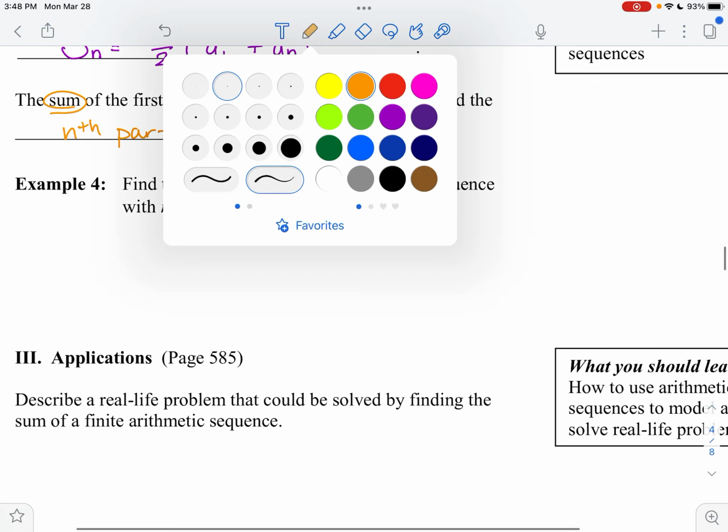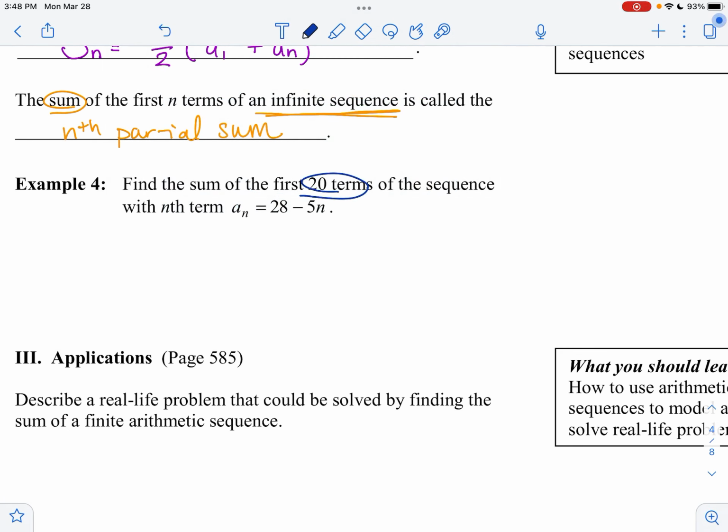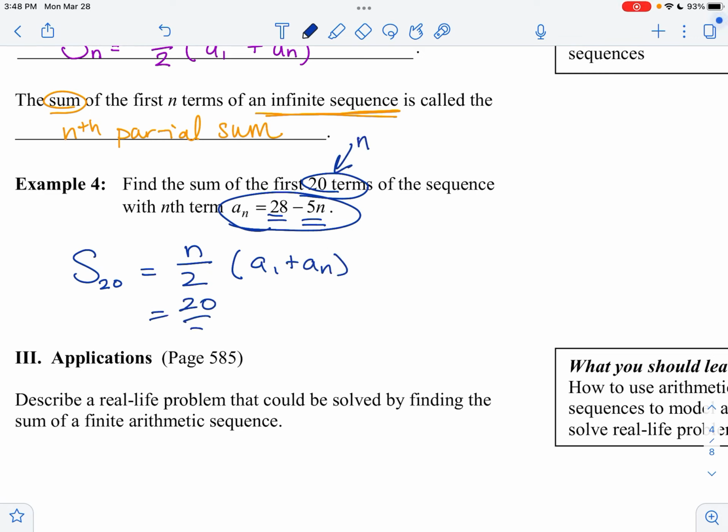Okay, so let's find the sum of the first 20 terms. This is a finite sequence ending at the 20th term, where a sub n equals 28 minus 5n. Remember, this is going to be the sum of the 20th term equals n over 2 times a1 plus an. We know n is 20, so we're going to say this is 20 over 2, but we need to find the first term.